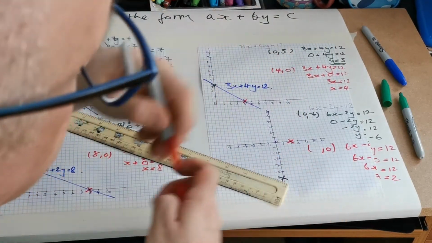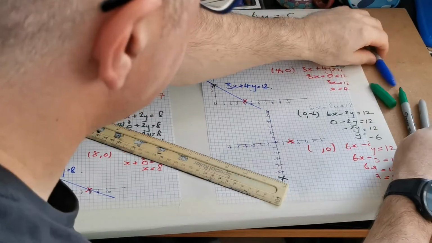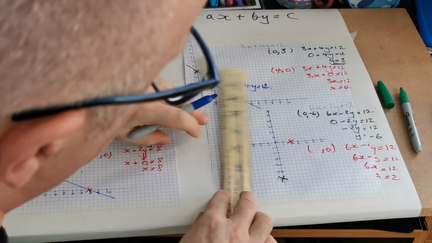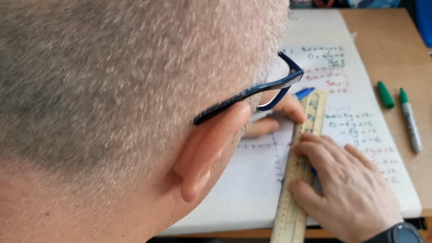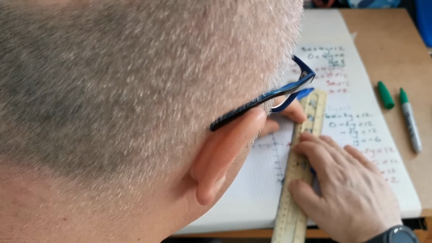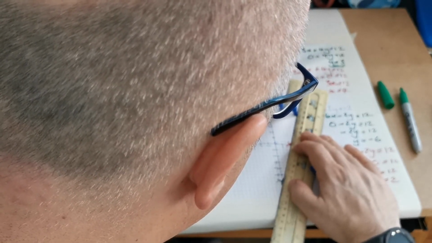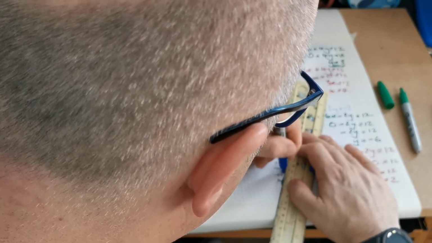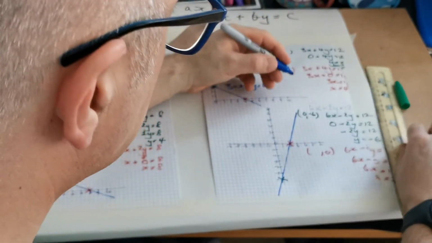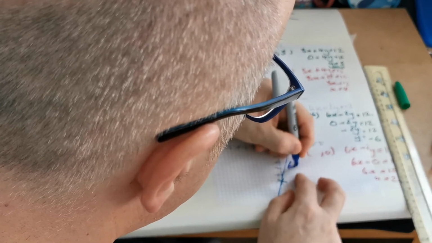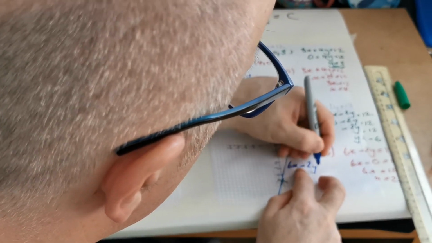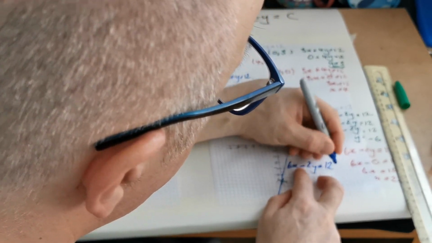So that goes there. So this line here comes through these points. And remember, let's label the line 6x minus 2y is equal to 12.